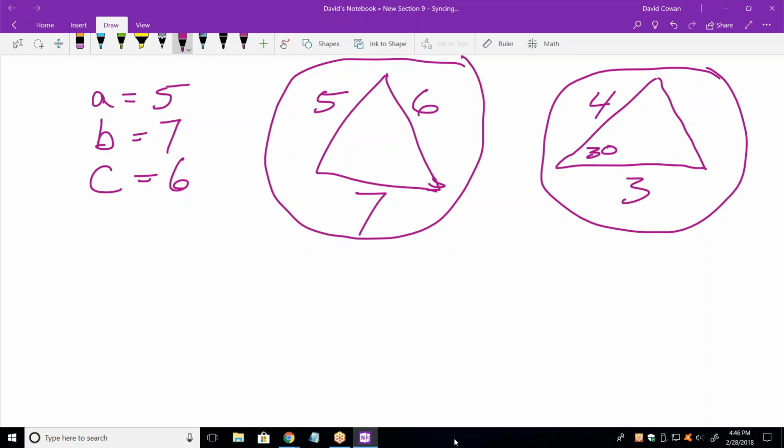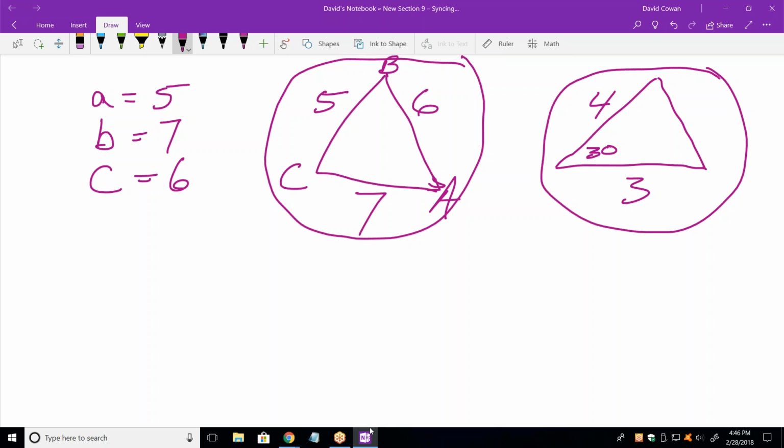So let's label it. That is A, B is up here, and that's C. It doesn't matter where you label that. Well, kind of does, because we're going to use the law of cosines, and the law of cosines has to do with these 3 sides.